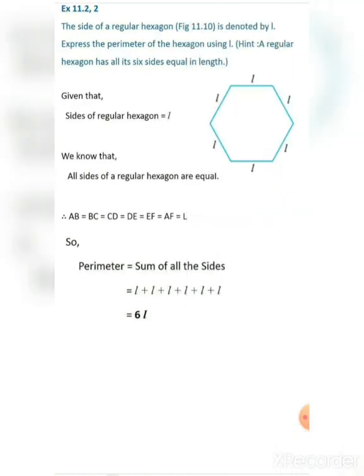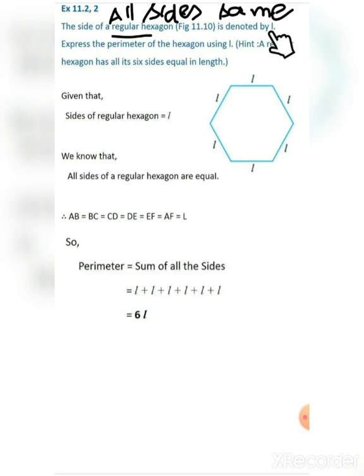Second question is the side of a regular hexagon. Hexagon means having 6 sides, and if it is said regular, regular means having all sides equal. You can say all sides are same. So the side of a regular hexagon is denoted by l.